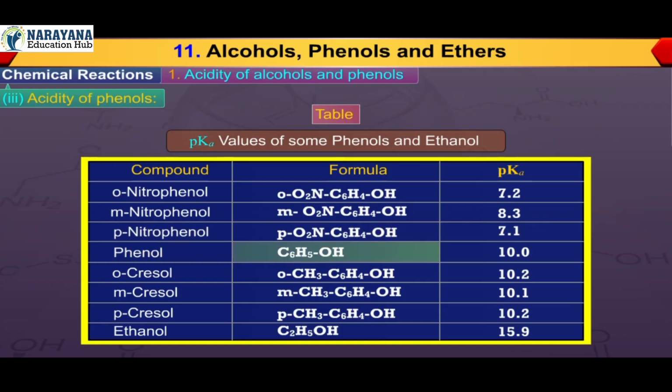Phenol, C6H5OH, 10. Ortho-cresol, o-CH3C6H4OH, 10.2. Meta-cresol, m-CH3C6H4OH, 10.1. Para-cresol, p-CH3C6H4OH, 10.2. Ethanol, C2H5OH, 15.9.